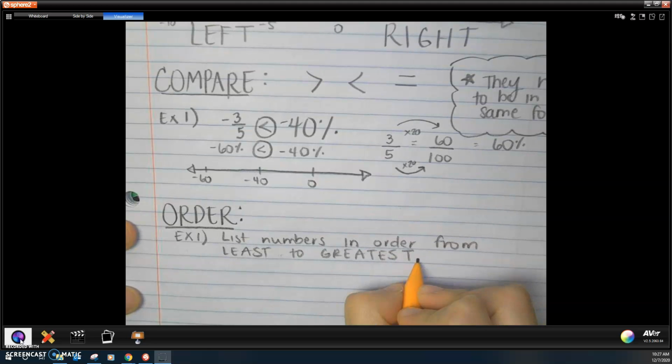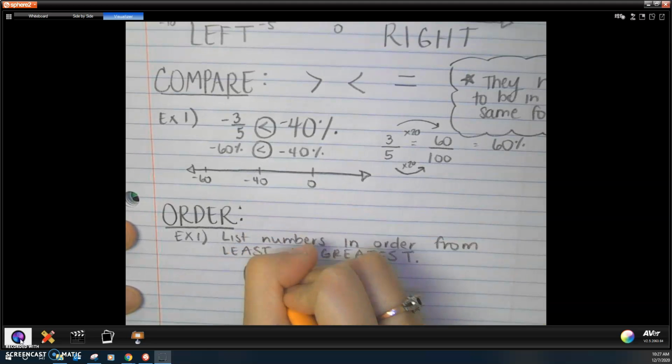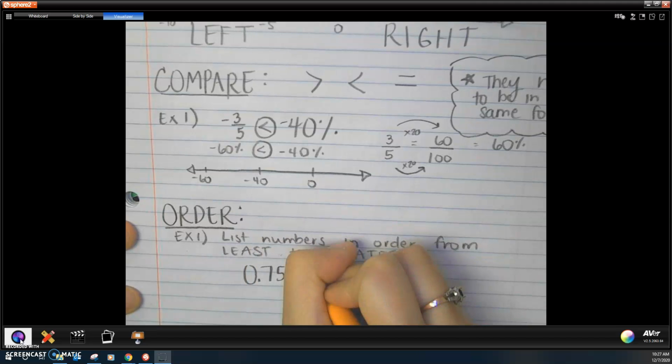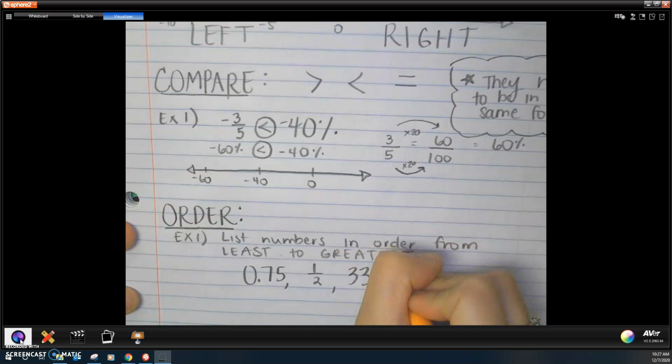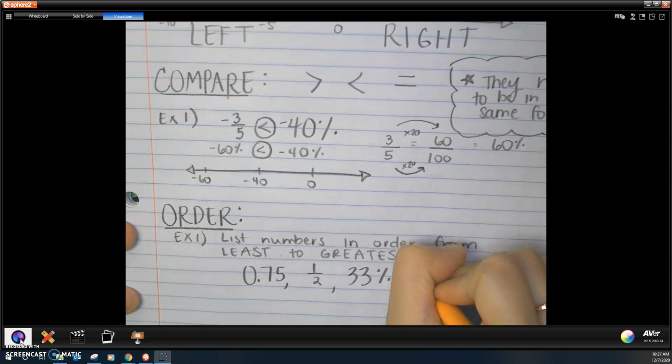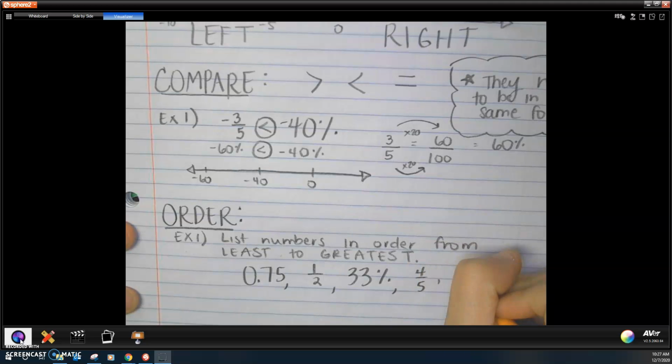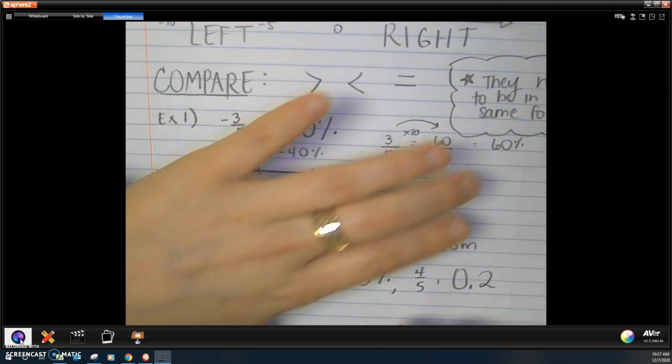And my numbers are going to be 0.75, 1/2, 33%, 4/5, and 0.2.